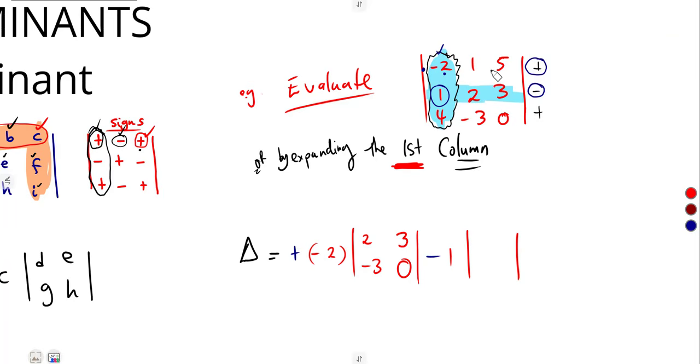We are left with 1, 5, -3, 0. This is what you're left with. You're done. You move on to the next term in that first column.